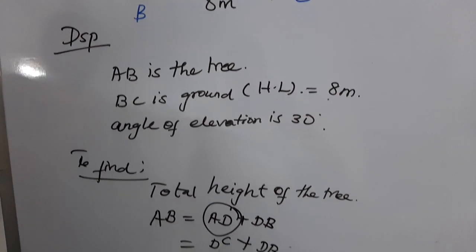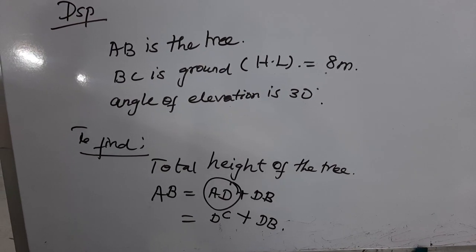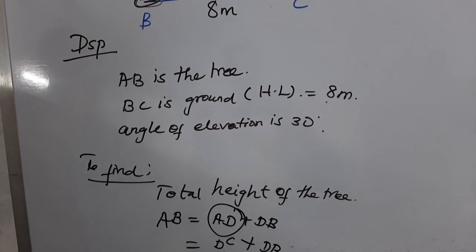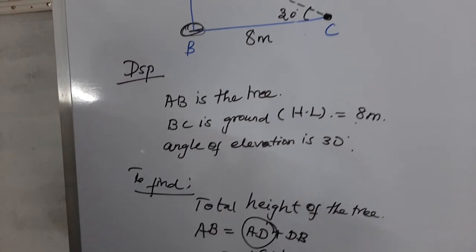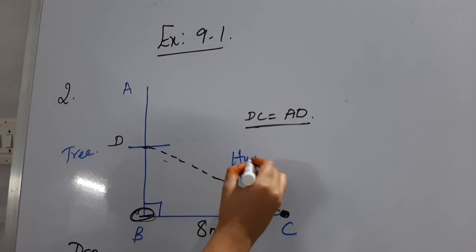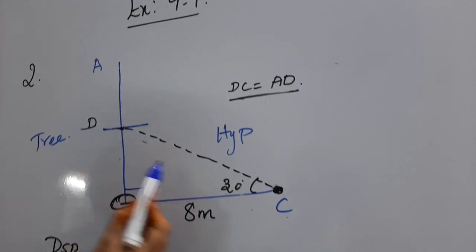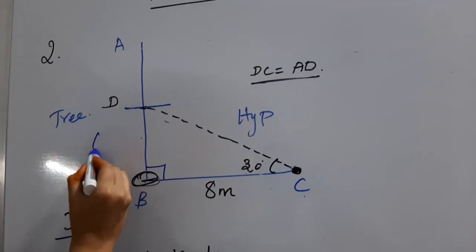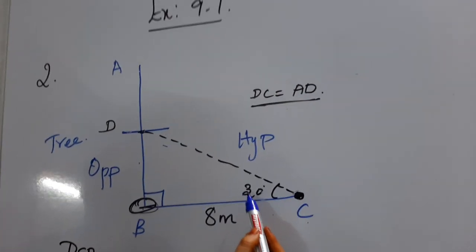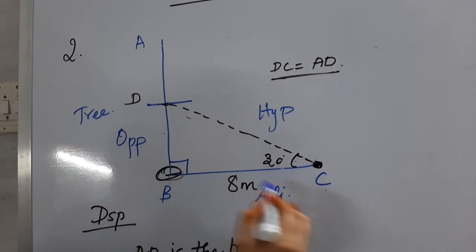So the diagram is done. We did the description and we have written what we want to calculate also. Let us find out what is the opposite side and the adjacent side. The side which is opposite to 90 degree is always the hypotenuse, and the angle here is C. So the side opposite to 30 degree is BD, which is our opposite side, and the side which holds this angle is BC, which is our adjacent side.